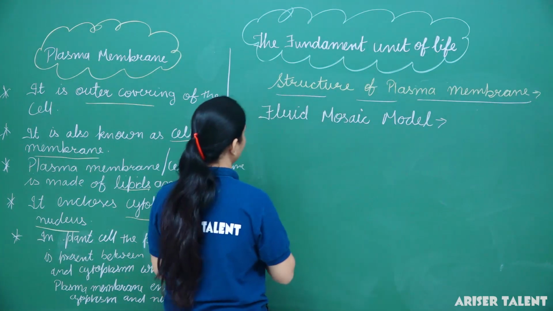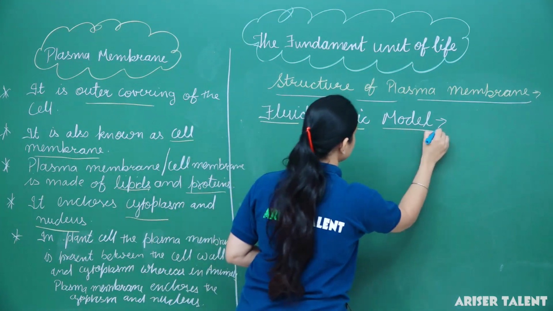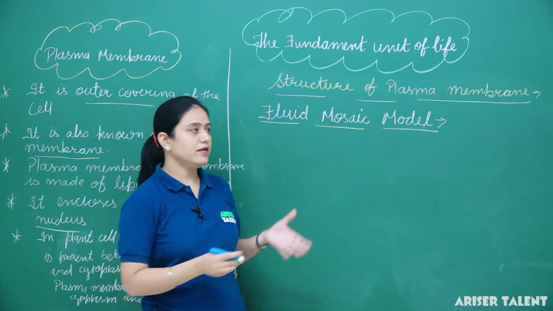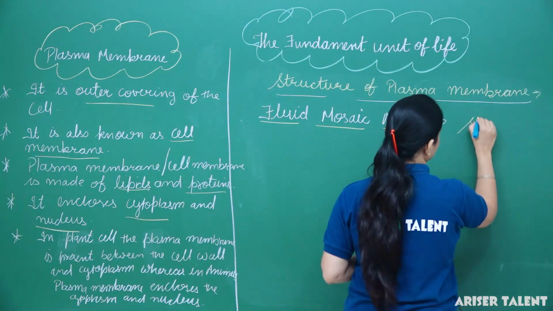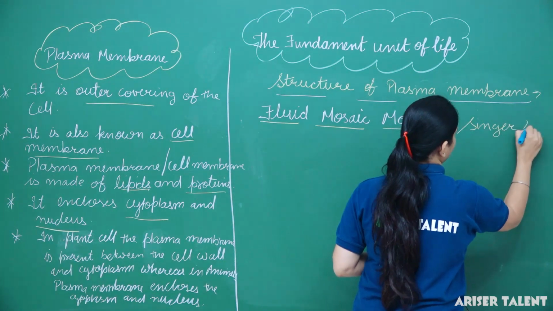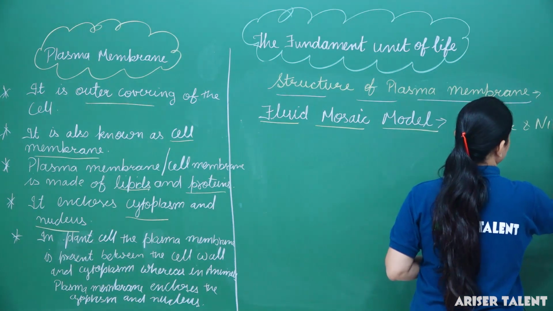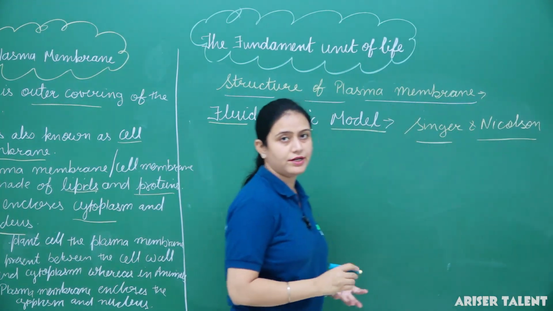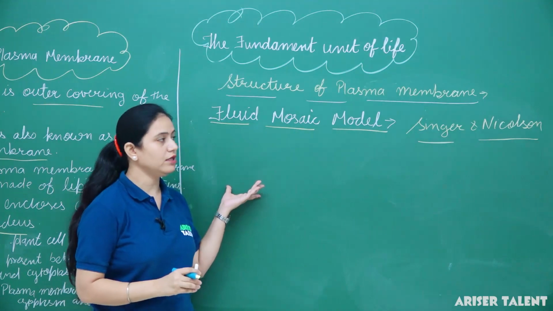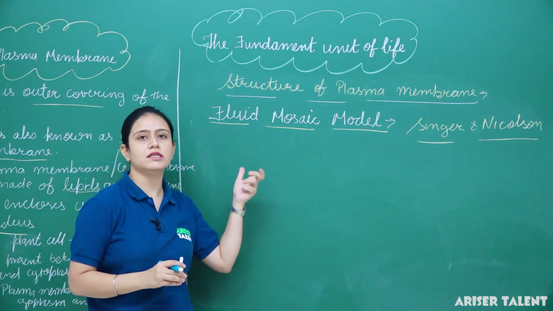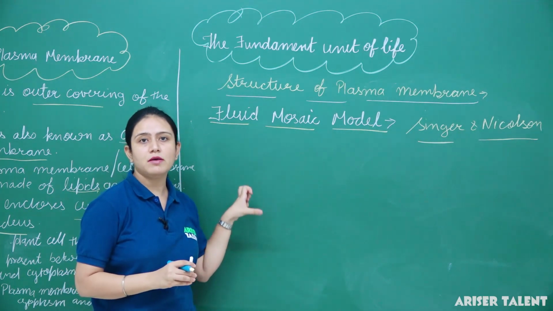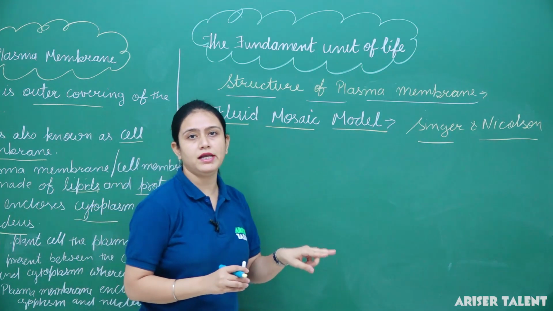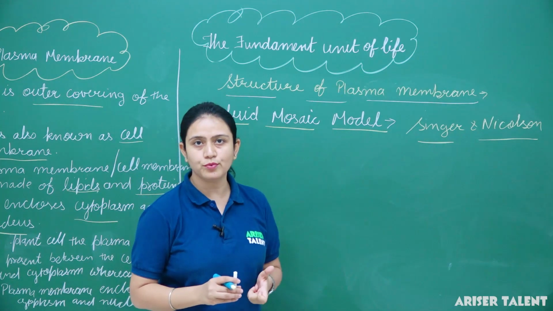Now, what is this fluid mosaic model? It was given by Singer and Nicholson in 1972. According to this model, a plasma membrane is made up of lipid bilayer and two types of protein.